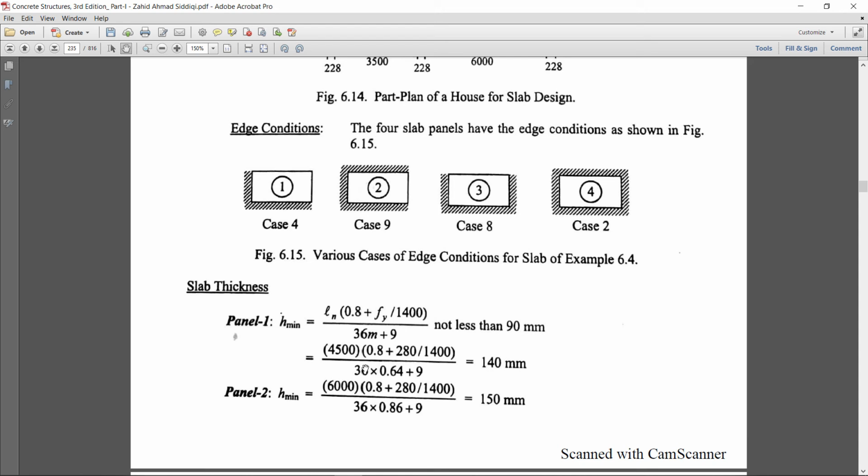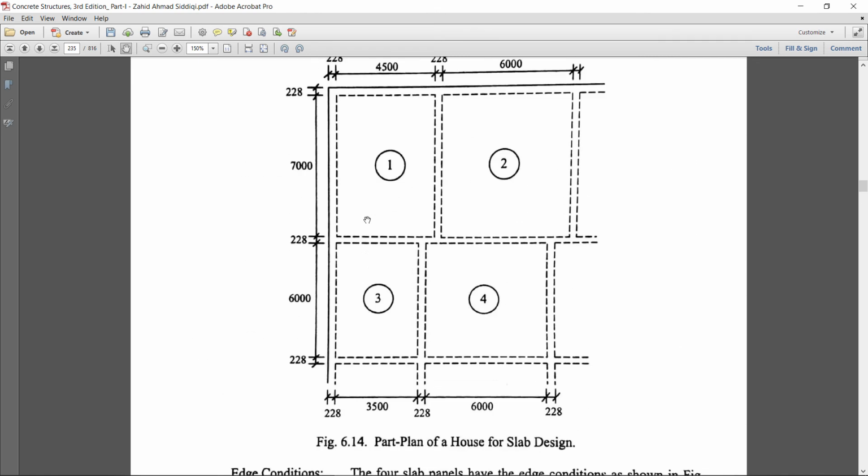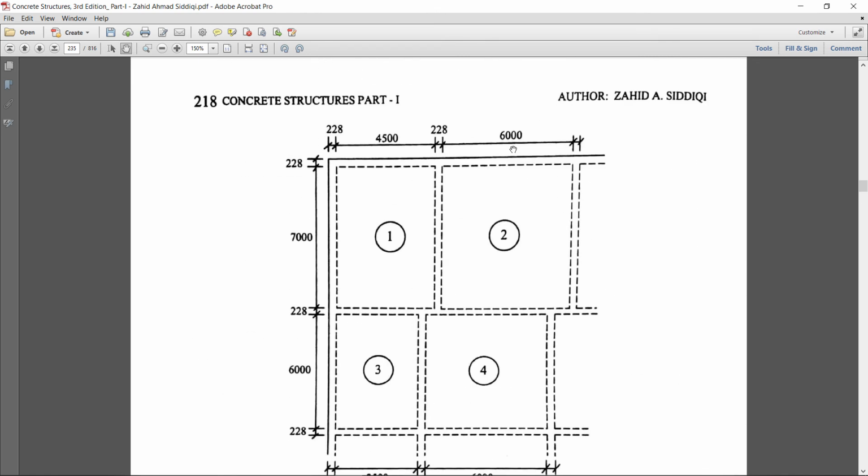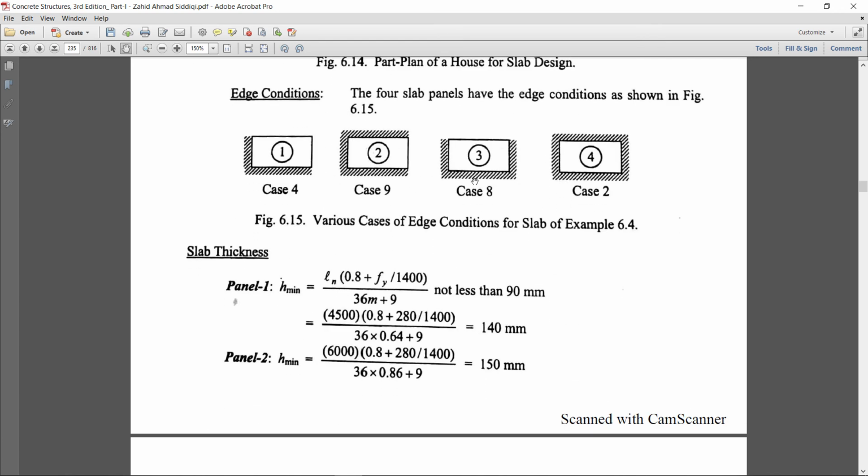Second slab panel, h minimum. In the second slab panel, our shorter span length is 6000 into 0.8 plus 280 divided by 36 into 0.86.